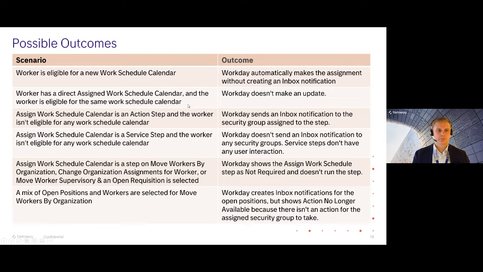There are a few possible scenarios and outcomes, and the essence is that you need to check quite closely what happens in different cases, and if there's a service step or action step, it's different, so that the whole design works as intended.